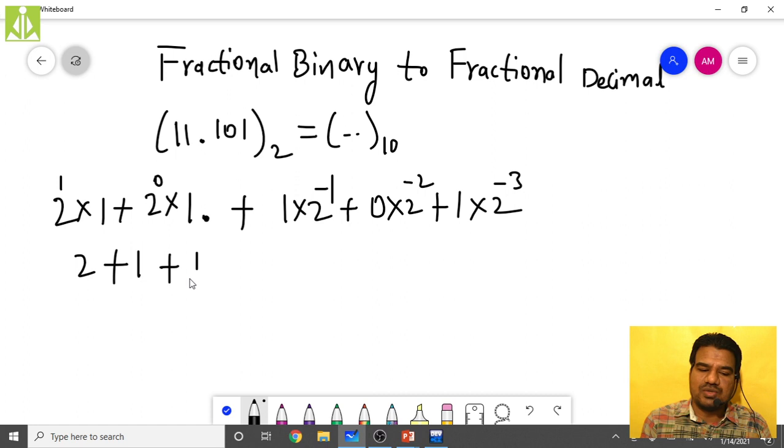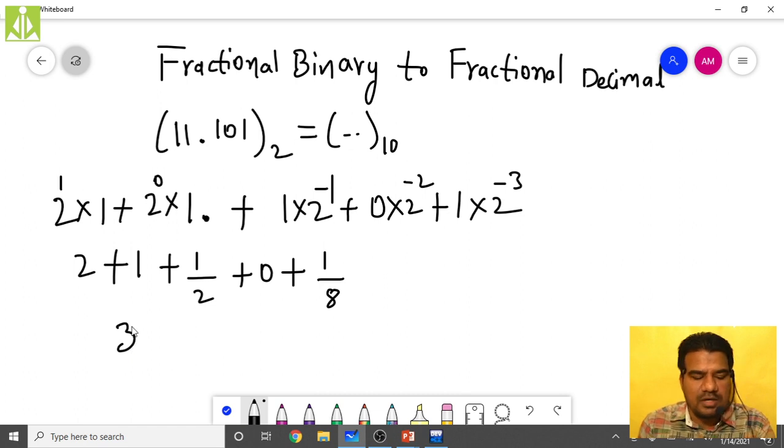Then plus 0 multiplied with 2 power minus 2, that is 1 divided by 4, but multiplied with 0 you get 0 only. Plus 1 multiplied with 2 power minus 3, that is 1 divided by 8, so you get 1 divided by 8 only. Then 2 plus 1 becomes 3.